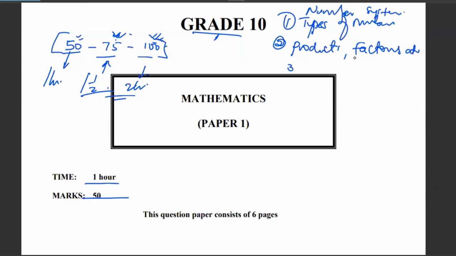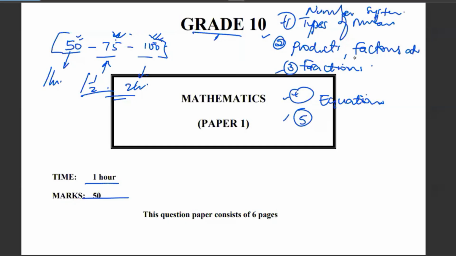Okay, we can have fractions that involve factorization. We can have equations, different types of equations, from linear, simultaneous, exponential, all those things. And then we also looked at what else? I think basically that's what was covered in term 1.